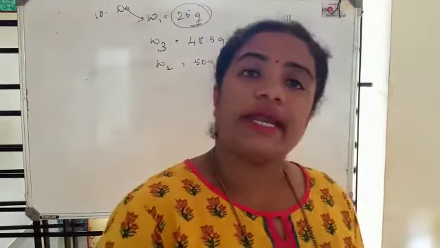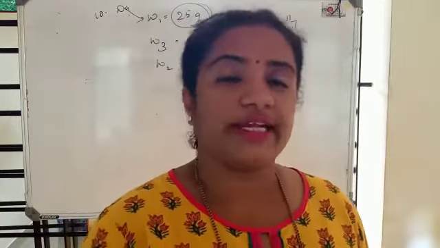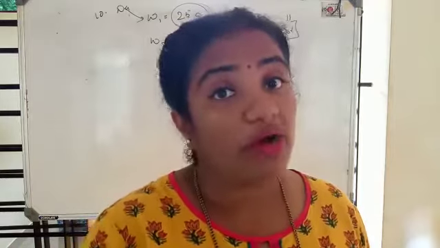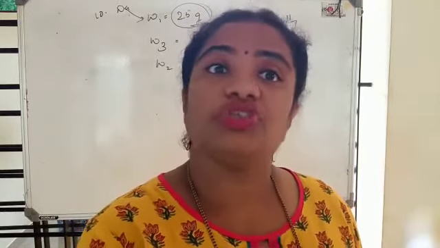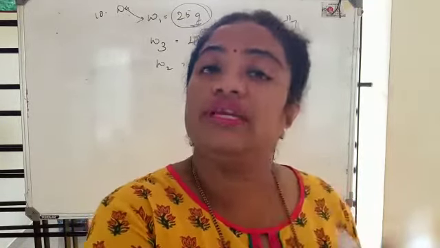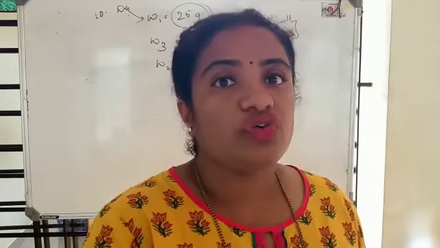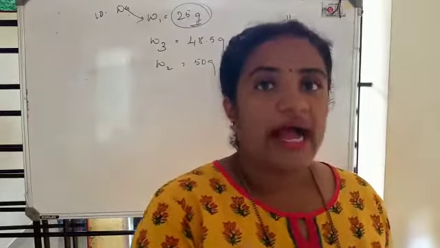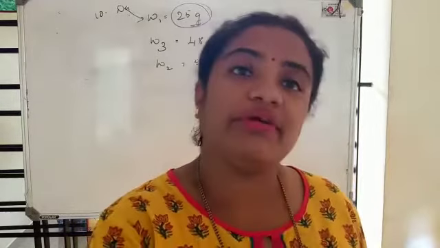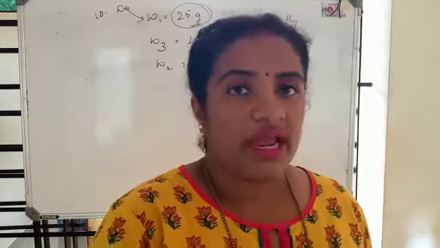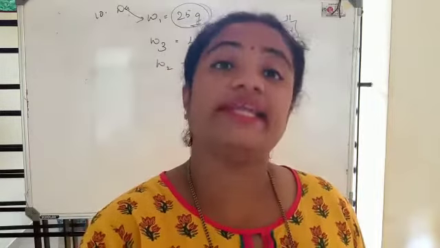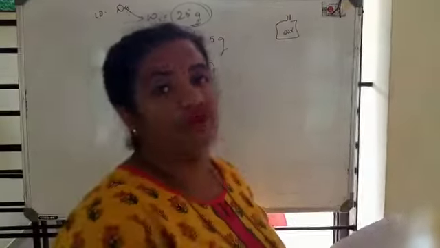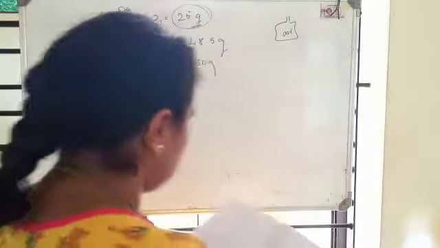Here you can take W2 for liquid and W3 for water, but you have to make the substitution in the formula also, similar to the theory of the concept. So you have to interchange in the formula also. I prefer taking the weight of the liquid to be W3, the weight of the water to be W2, and the weight in air to be W1, so that we can go with the theory formula.